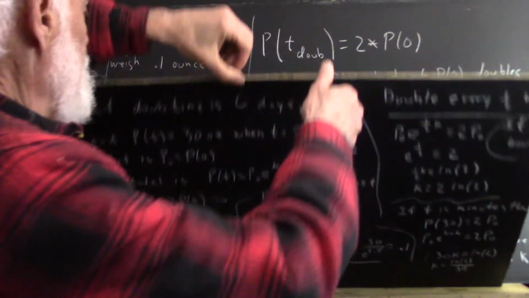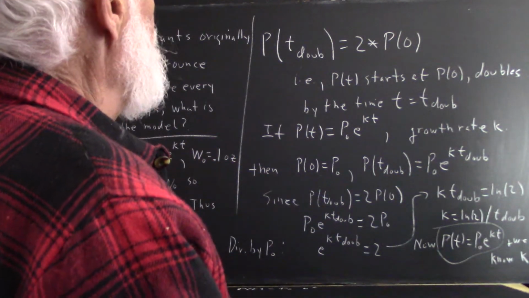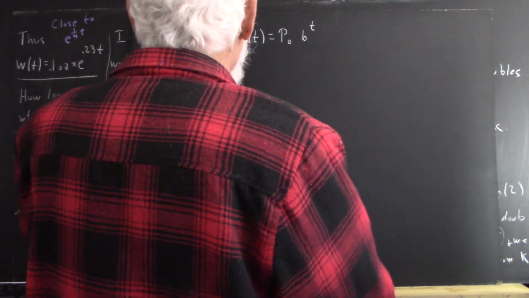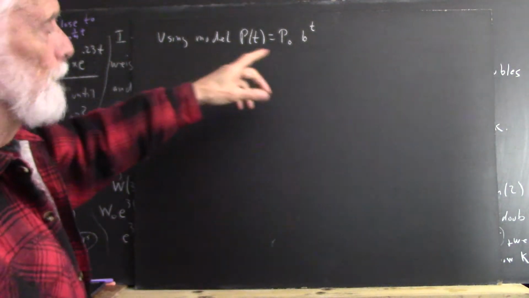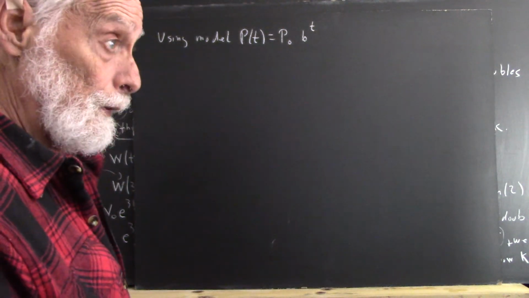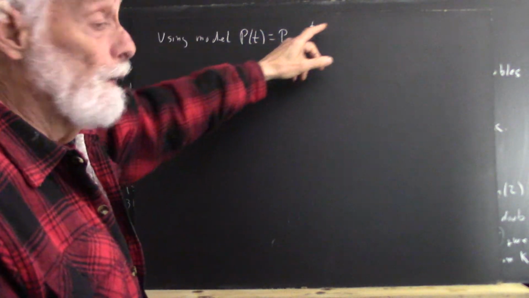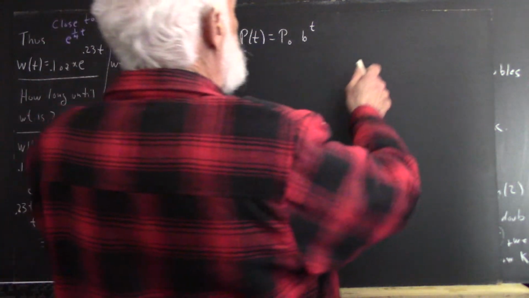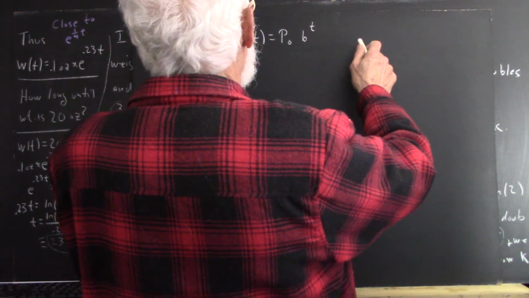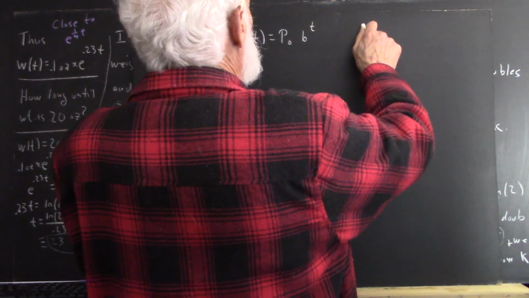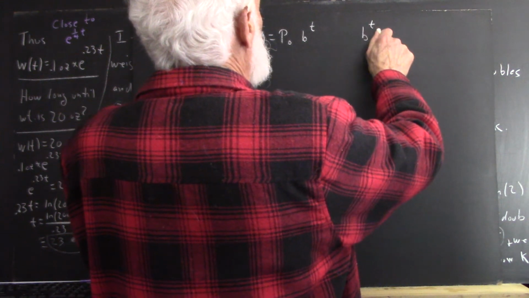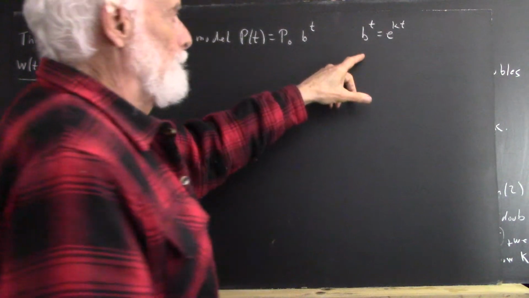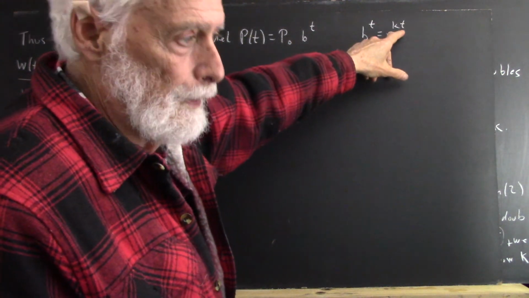Now, in the example you're asking about, the video doesn't use the e to the kt model, it uses the p0 b to the t model. Now recall, instead of b to the t, we can use e to the kt.